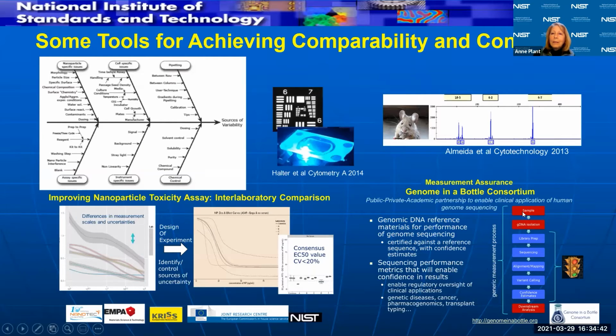It might be sending identical samples out to different laboratories to, for example, do whole genome sequencing, and then come back and say, well, how did your whole genome sequence compare to mine? And were the errors in the sequencing, or were the differences in the bioinformatics tools that were used, and allow evaluation then of the quality of those tools.